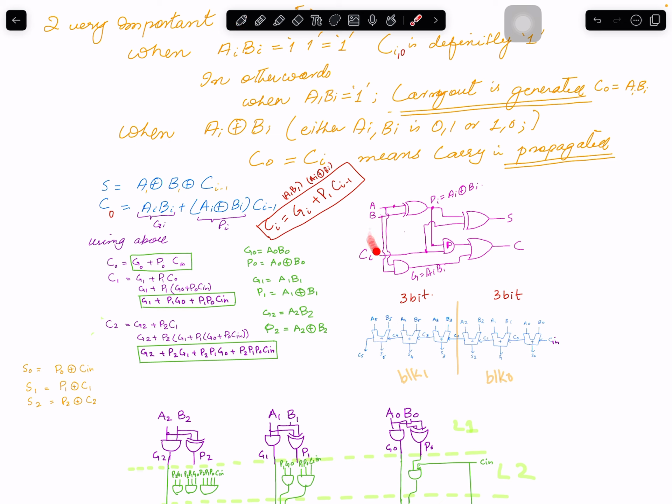This is the block diagram representing this. Let me make sure I call it CI, and I call it CI. Look at this diagram and figure out whether this is exactly this or not. This is really the key equation, a block diagram or a logic diagram to understand carry look ahead equations.